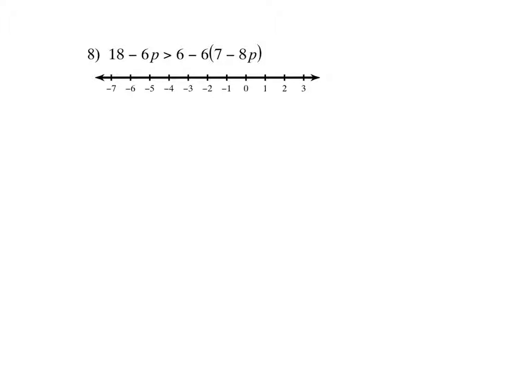So I have 18 minus 6p greater than, okay? This is very important: I have 6 minus 6 times 7 minus 8p. Following order of operations, I know that I'm going to distribute first. I'm not going to subtract those two first. I'm going to distribute the 6 first. So 6 minus 42 plus 48p.